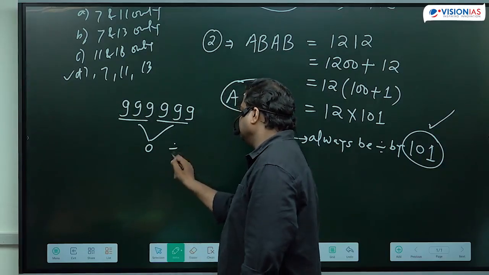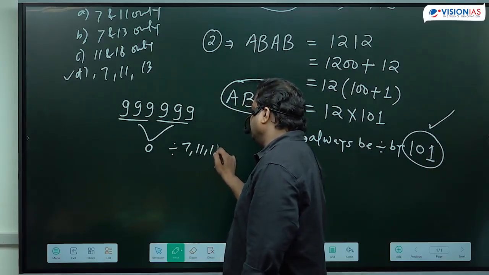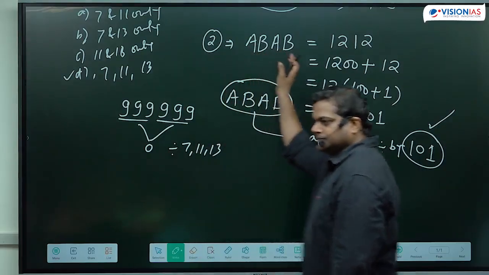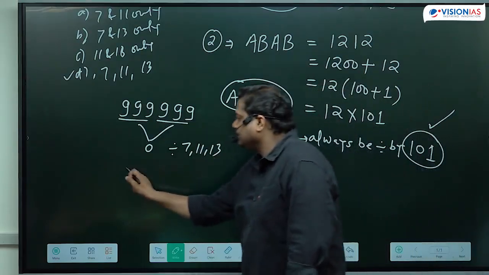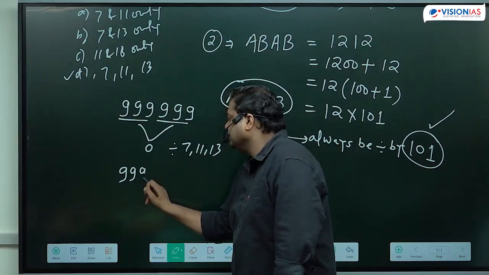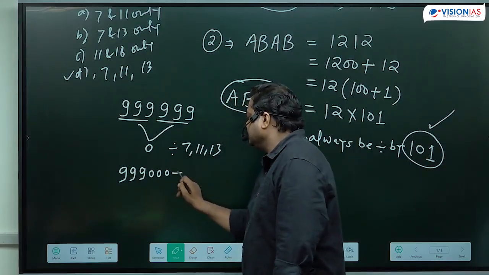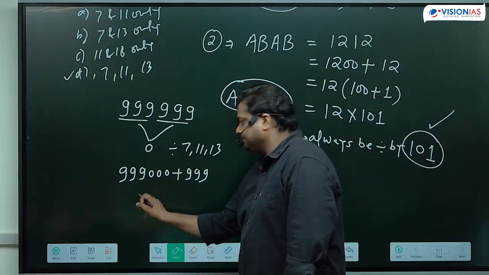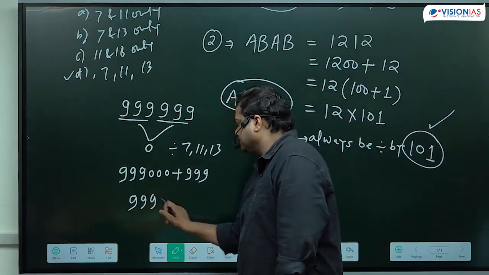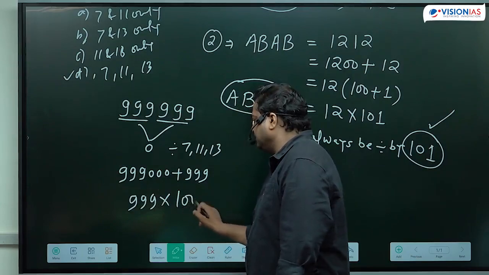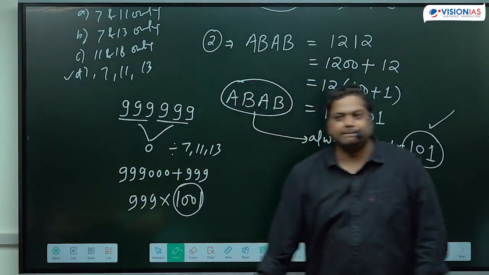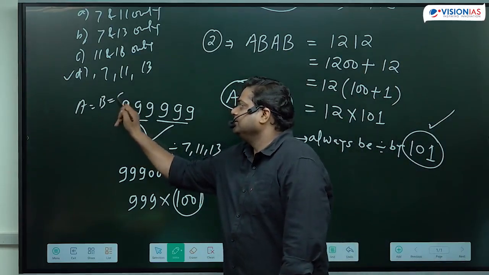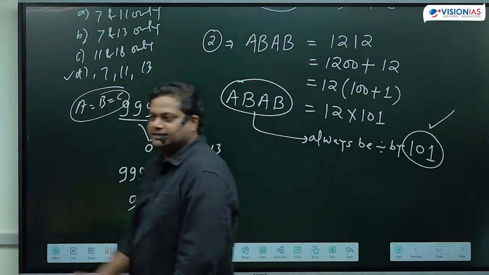That means this is divisible by 7 11 and 13, है ना? वैसे भी we can take this form also. अगर ये form लेते हैं तो we can write this 999 1 2 3 plus 999 into bracket में 1000. This is special case where A is equal to B is equal to C. All the three digits are same.